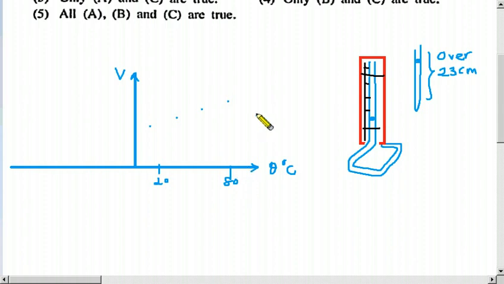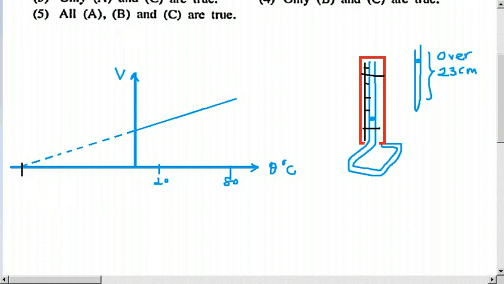We get points like this, and we join them to get the graph and extend it to cross the x-axis. At the point where it crosses the x-axis, what is that temperature?